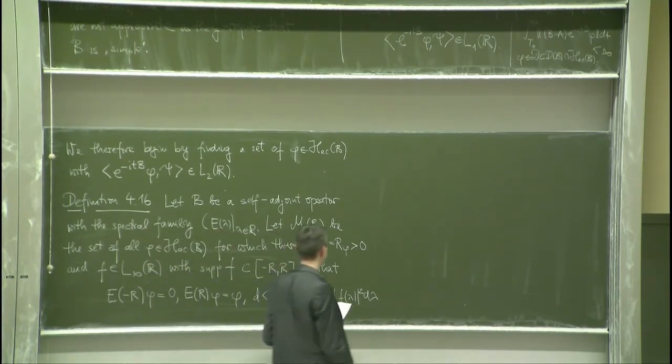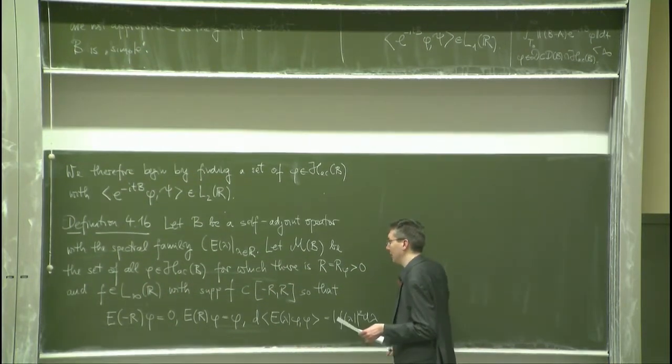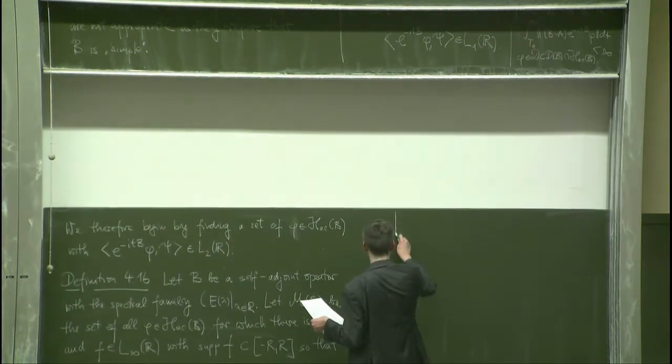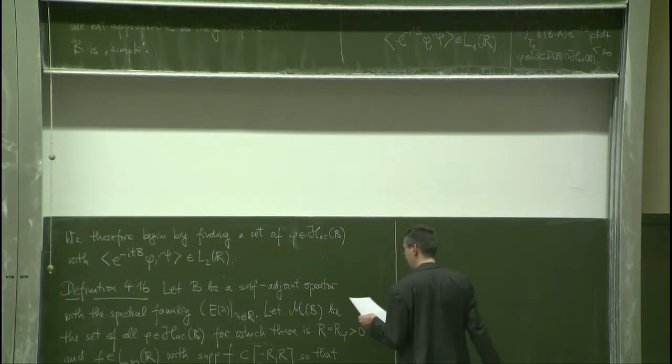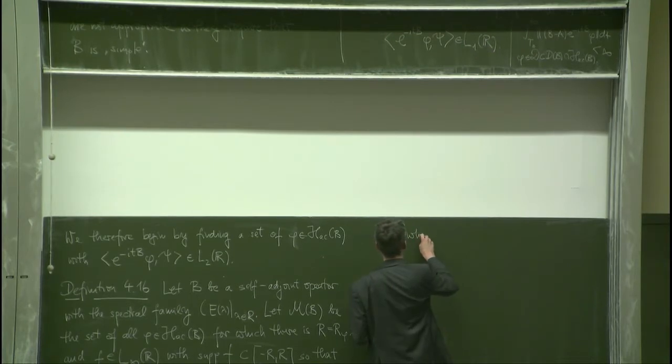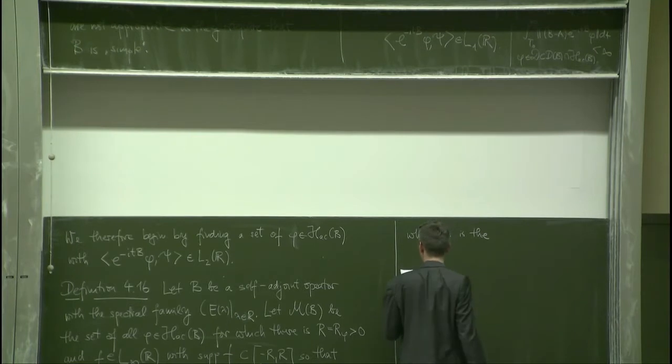And d lambda is again the usual Lebesgue measure. So that these three properties here hold, where d lambda is the Lebesgue measure.